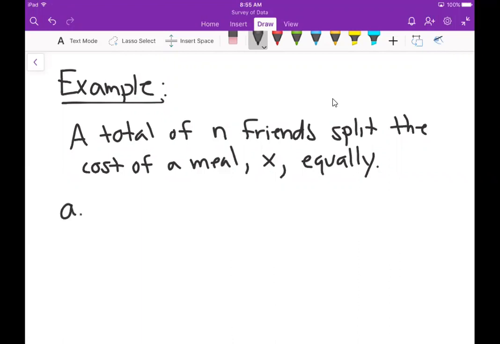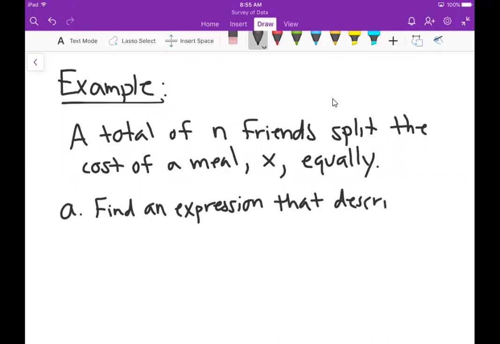So what we're going to do is find an expression that describes each friend's cost. So after they split the meal, how much is each person going to pay?